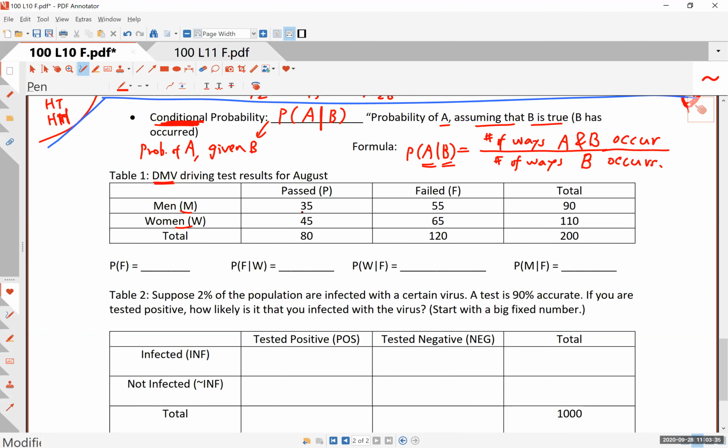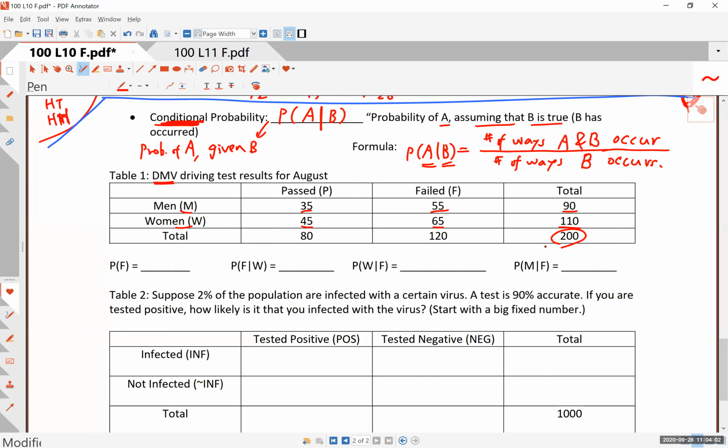We had 35 men pass the test and 55 men failed. Totally 90 men took this test in August at this particular DMV. 45 women passed, 65 women failed, and that's a total of 110 females who took this test. So altogether, we have 200 people taking the driving test at this particular DMV. This is totally a fiction.